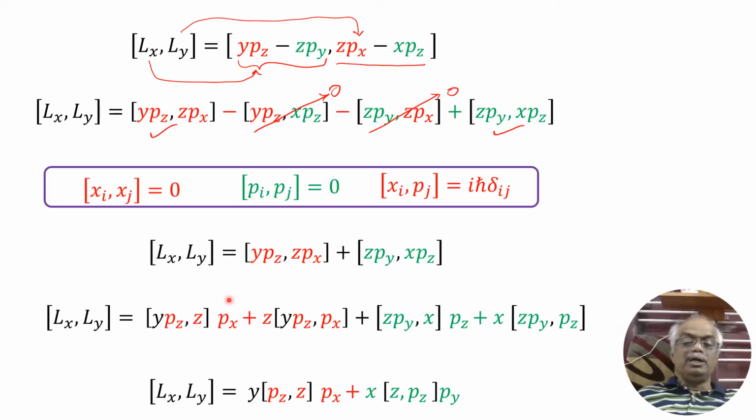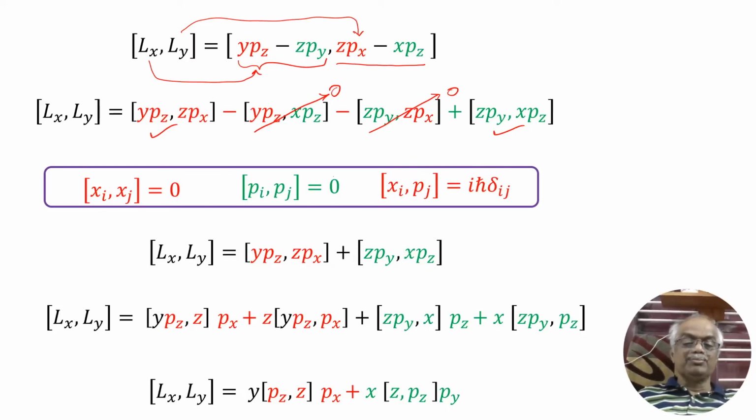Now use the commutation rule. First you take this one, with px. Px is the right hand side operator, so I am taking the right hand side as per the commutation rule, and z is the left hand side. Same thing with this one: you take pz as the right hand side, and x as the left hand side.